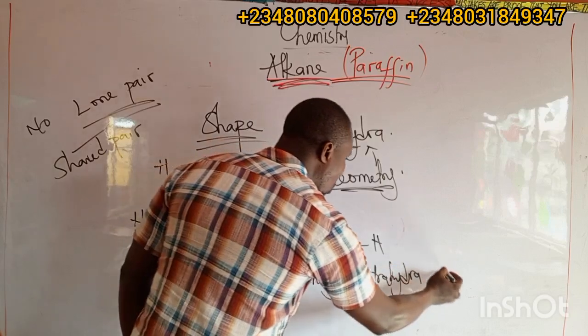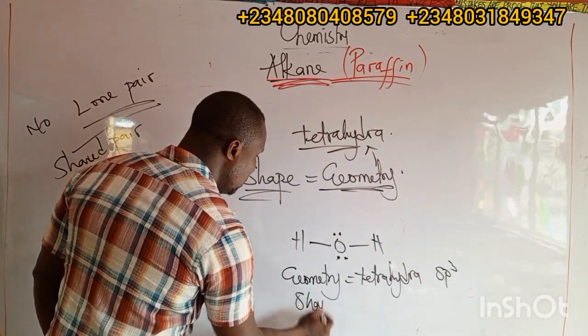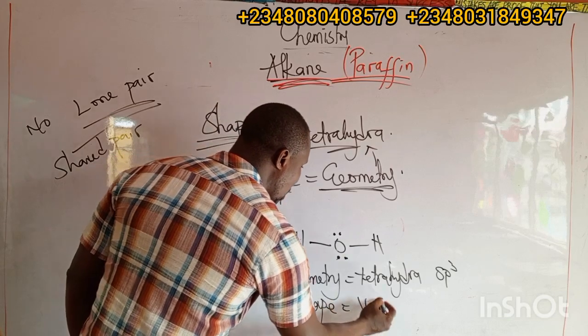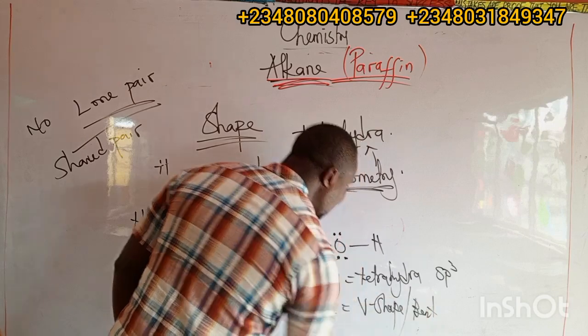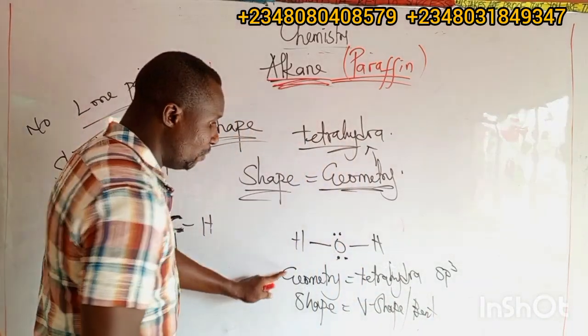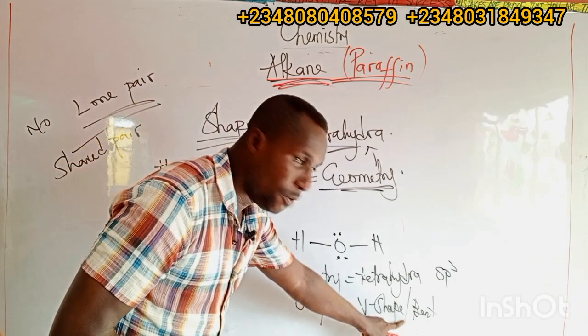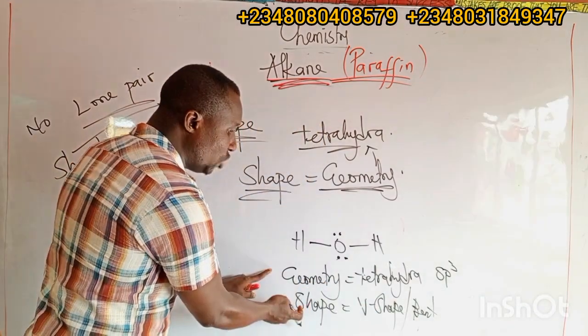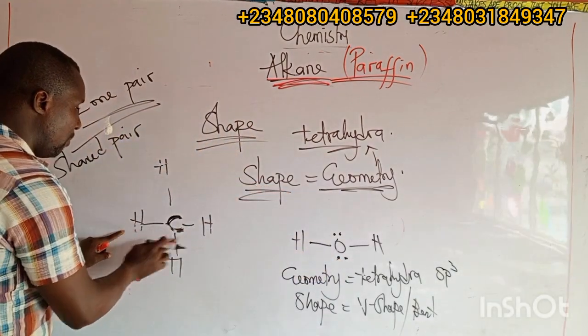Hybridization of water is sp3. Then the shape of water is what? V shape or bent shape. Geometry is tetrahedral for water. Shape is V shape or bent. The geometry and shape are not the same because it has lone pair of electron. But look at carbon in methane.